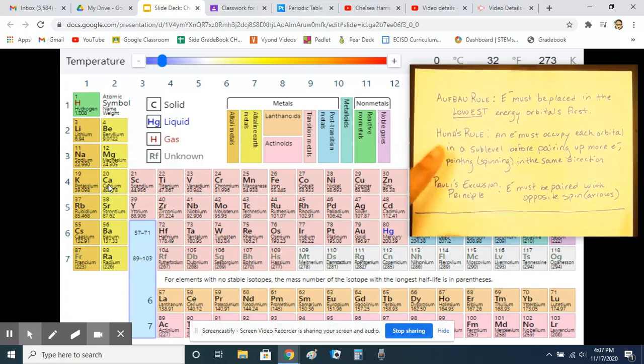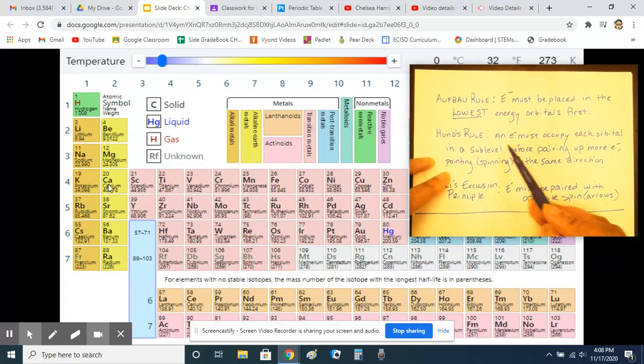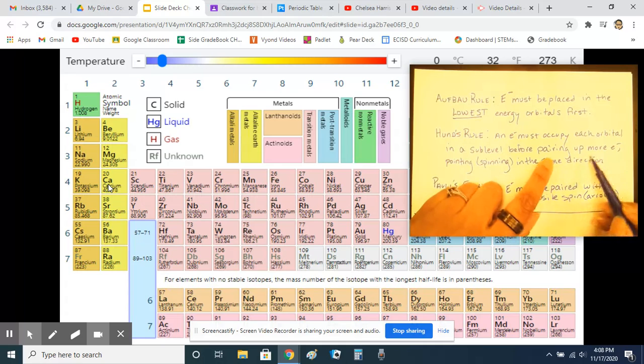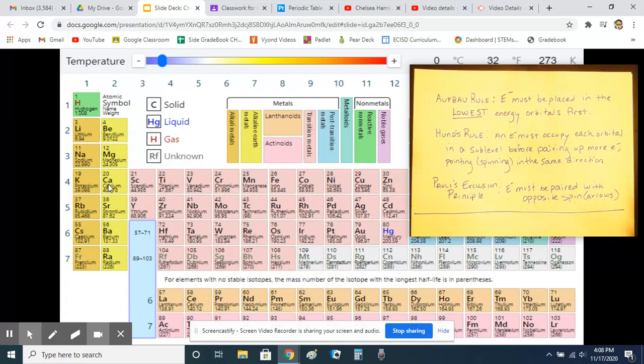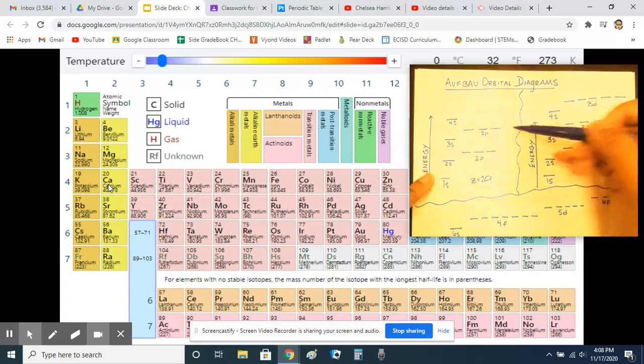The second rule is called Hund's rule. It looks like it's a lot, but it's pretty simple. It says that an electron must occupy each orbital in a sublevel before you pair them up with more electrons. So that part means, if you notice, some of these positions have multiple lines to them.